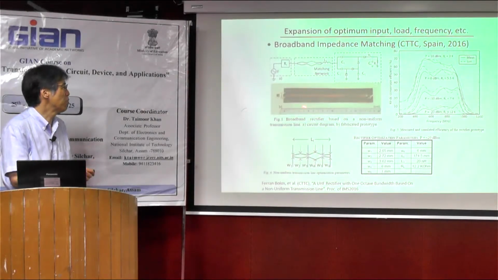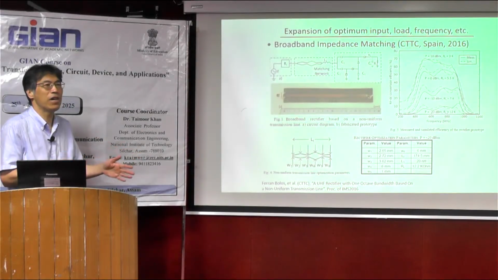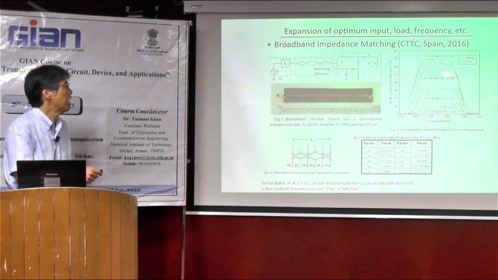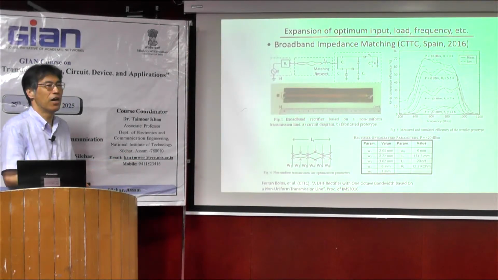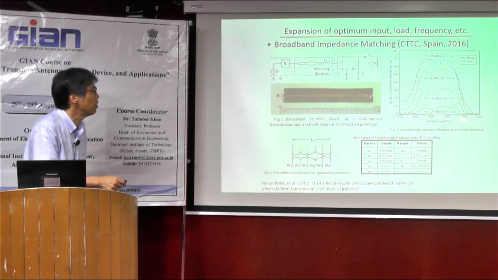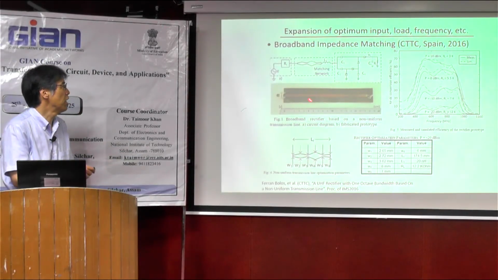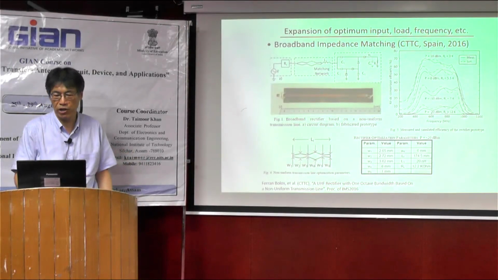This is based on broadband bandpass filter technology. Here you can see they can expand the frequency range from 400 megahertz to about 1 gigahertz. And this is a matching network for the broadband frequencies.